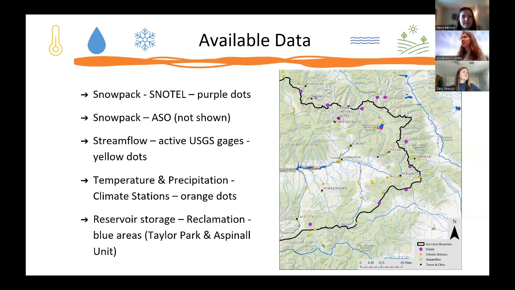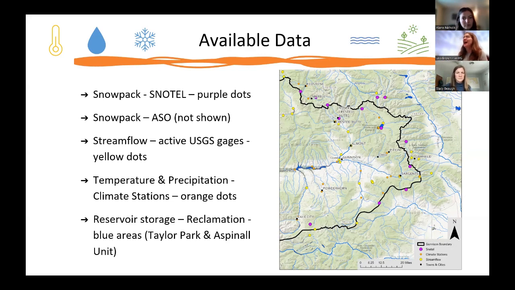So I just wanted to start with this map of available data. We wanted to start working with the stakeholder group here, the task force group, to make sure that everyone is aware of all of the information that's currently available, and then make sure that we're leveraging all of the products that are already in existence instead of trying to reinvent the wheel.